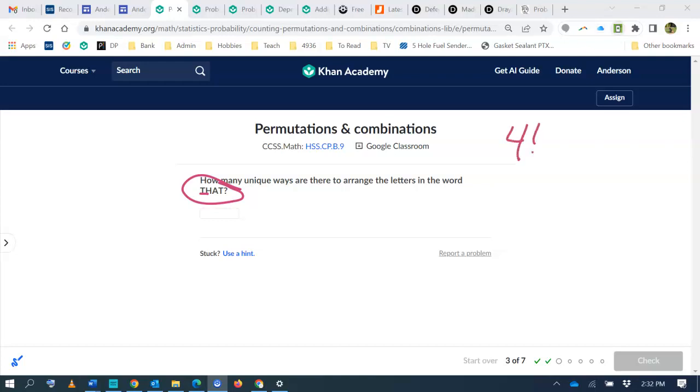So 4 factorial, if all the letters were different, is equal to 24. Now the way you do these is every set of letters that are duplicates, you're going to divide by that as a factorial. So we have 2 t's, so take 24 and divide it by 2 factorial, which is really 2. So 24 divided by 2 is equal to 12.